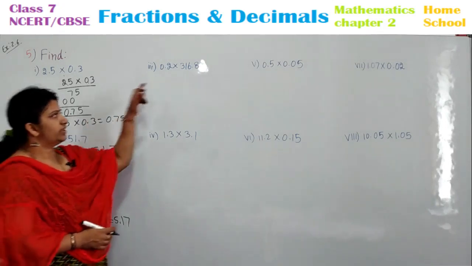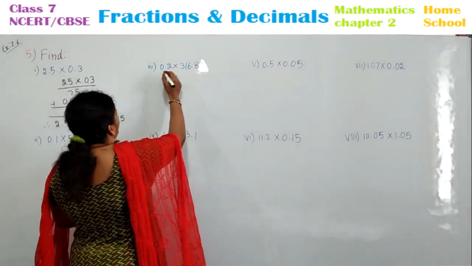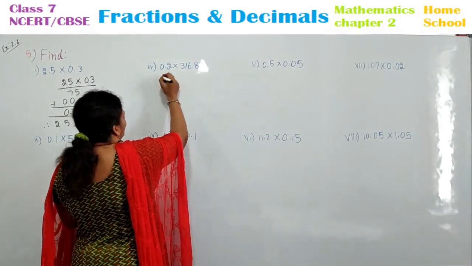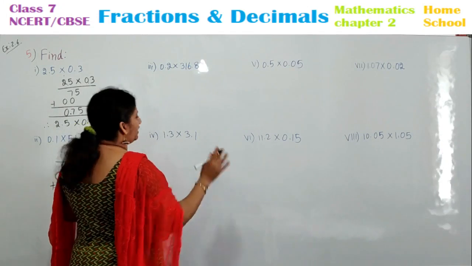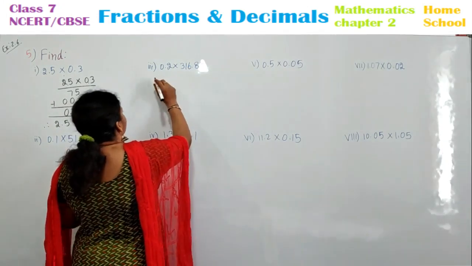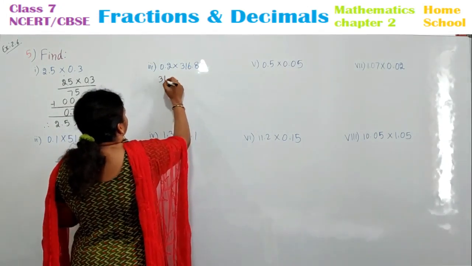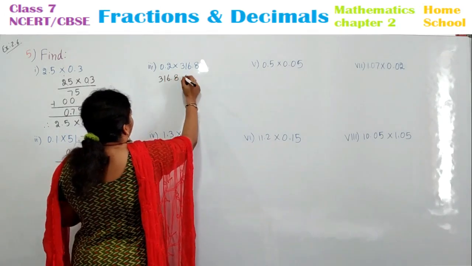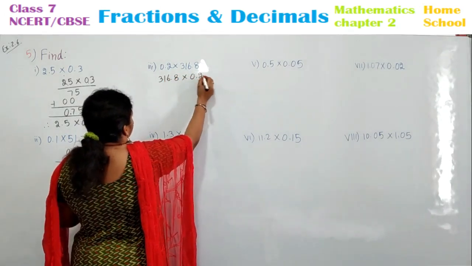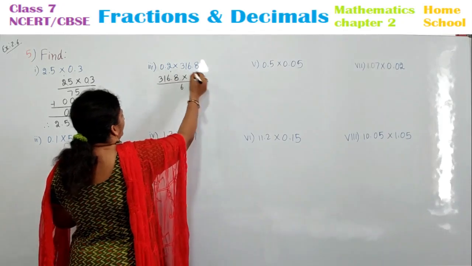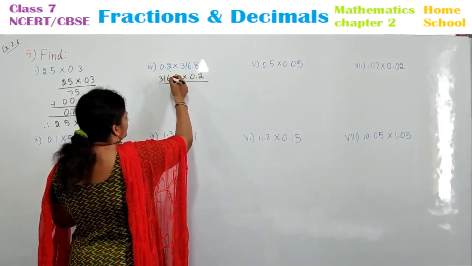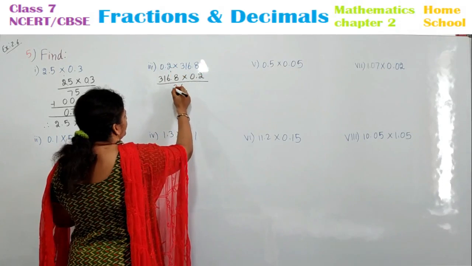Right? So third one. If you want, you can rearrange this and multiply also. No problem. Any way you can multiply, but understand the concept carefully. Let me rearrange and multiply this one. 2 8s are 16, 1 carry here. 2 6s are 12, 12 plus 1, 13.